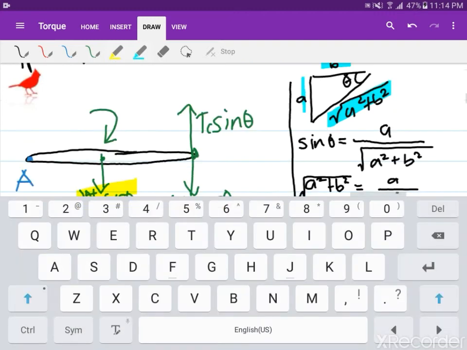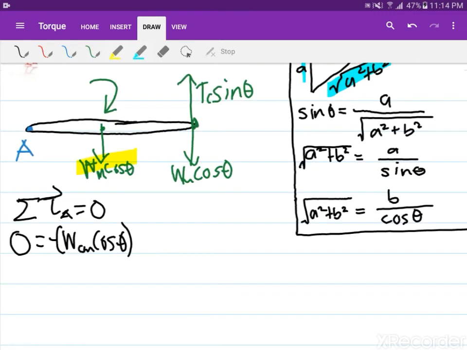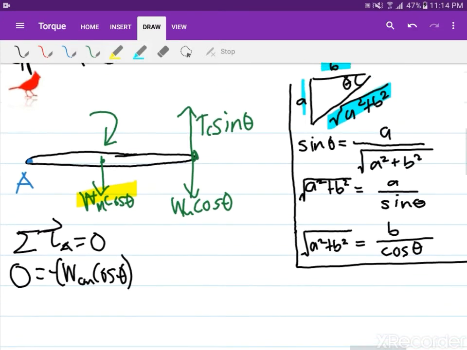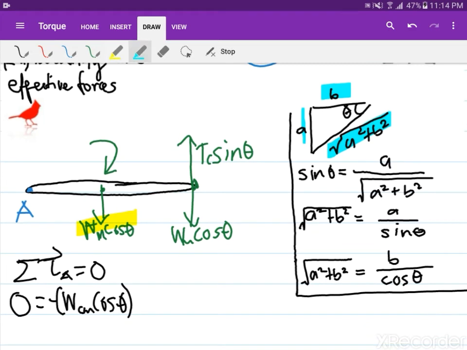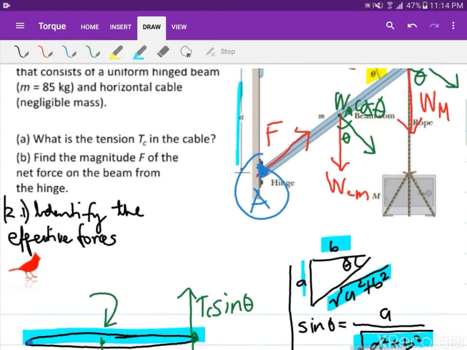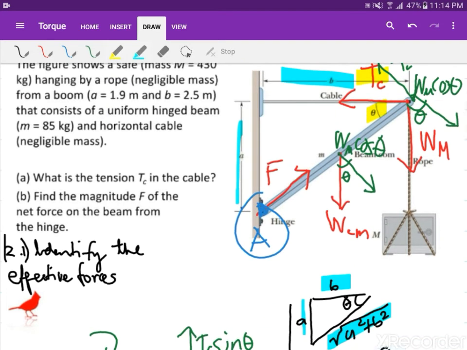So we may say that square root of A squared plus B squared equals A over sine theta. Similarly, square root of A squared plus B squared equals B over cosine of theta. But what is the square root of A squared plus B squared? That is the length of our beam.